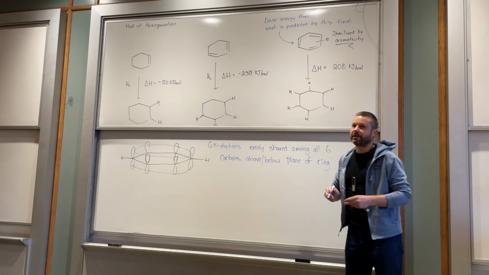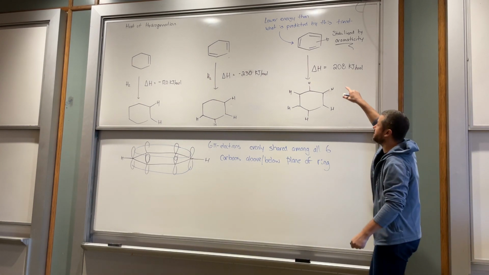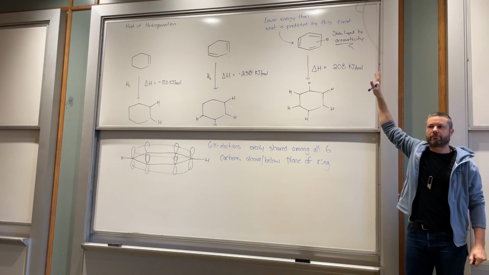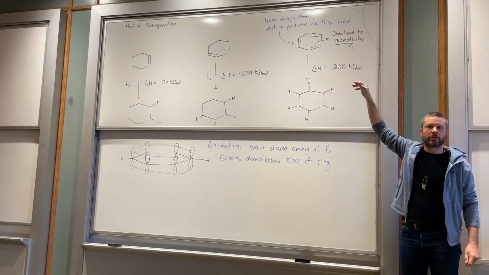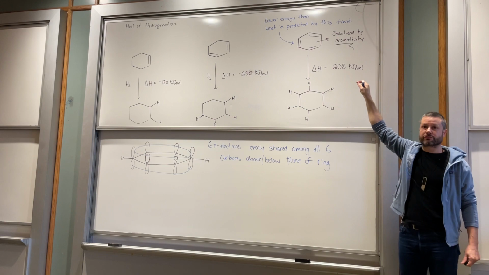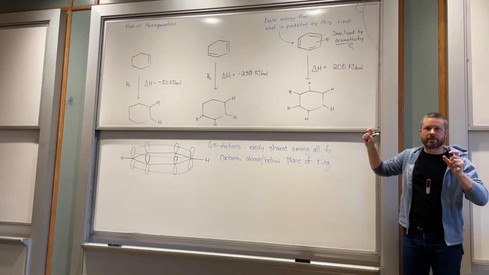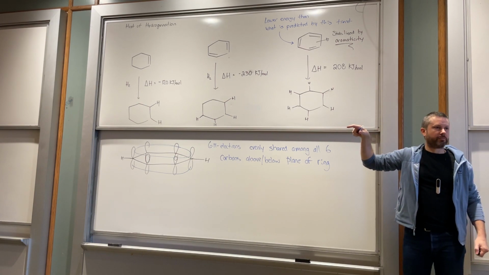We have 6 pi electrons, and those 6 pi electrons are all shared equally among all 6 carbons. So we draw benzene with 3 double bonds. We've talked about this briefly before, but in reality, those 6 pi electrons represented by those 3 double bonds are not isolated between 2 carbons, but are shared equally among all 6 carbons.